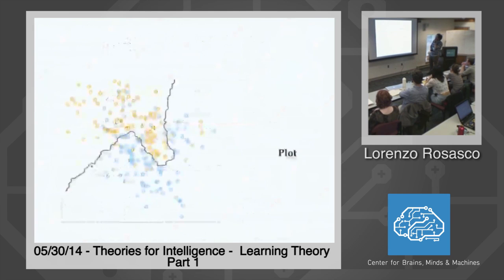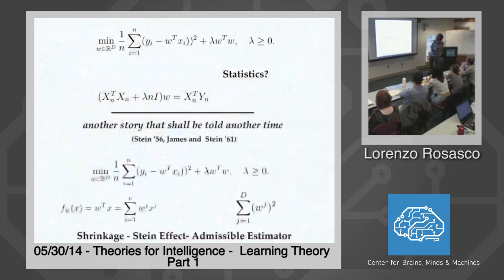One thing I don't want to tell you about, but I want to tell you it exists, is a whole different point of view that I personally just discovered in the last couple of years, but Stein actually discovered in '56. And it's a whole slightly different point of view on why you do regularization, which is not really taking an inverse problem point of view, but is definitely taking a point of view of the interplay between stability and estimation.